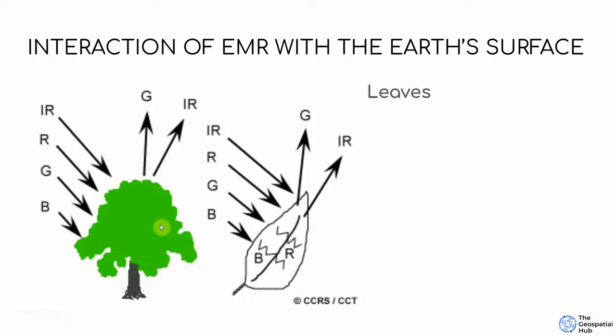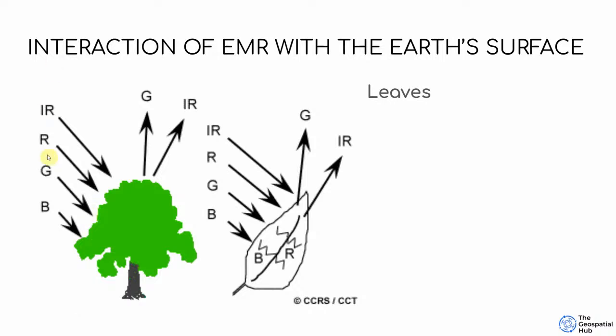So now the leaves basically absorb energy strongly in this blue and in this red. Chlorophyll makes this blue region and this red region to be absorbed, and it reflects this green wavelength.